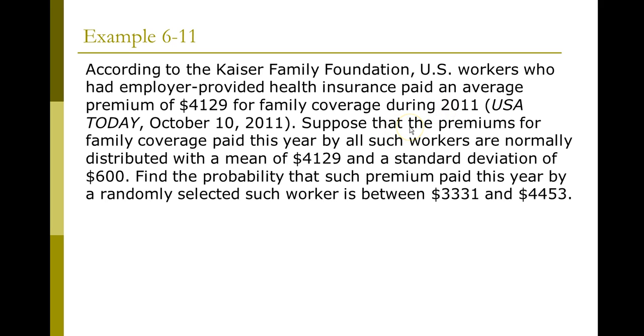Suppose that the premiums for family coverage paid this year by all such workers are normally distributed. So what they mean is the average premium that families paid was this amount, but not everybody paid exactly this amount. Some people paid more and some people paid less.